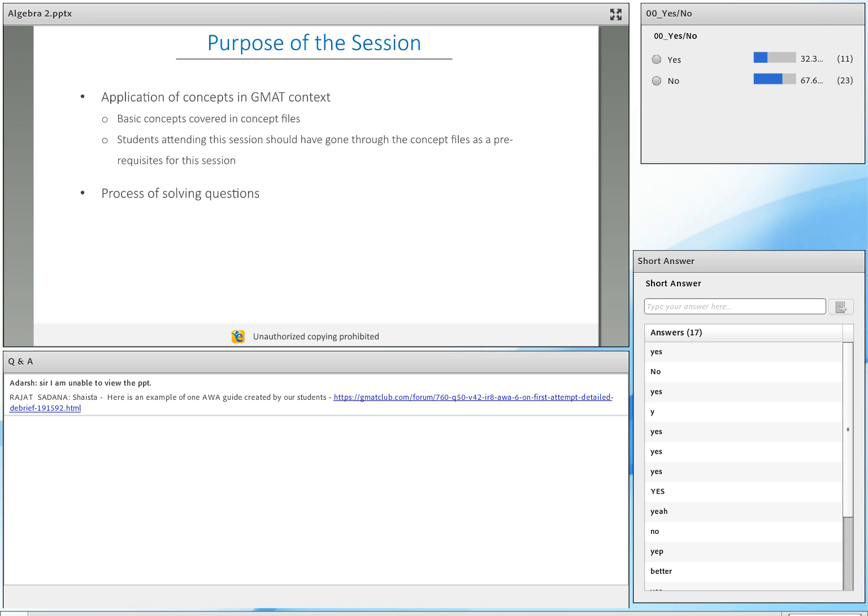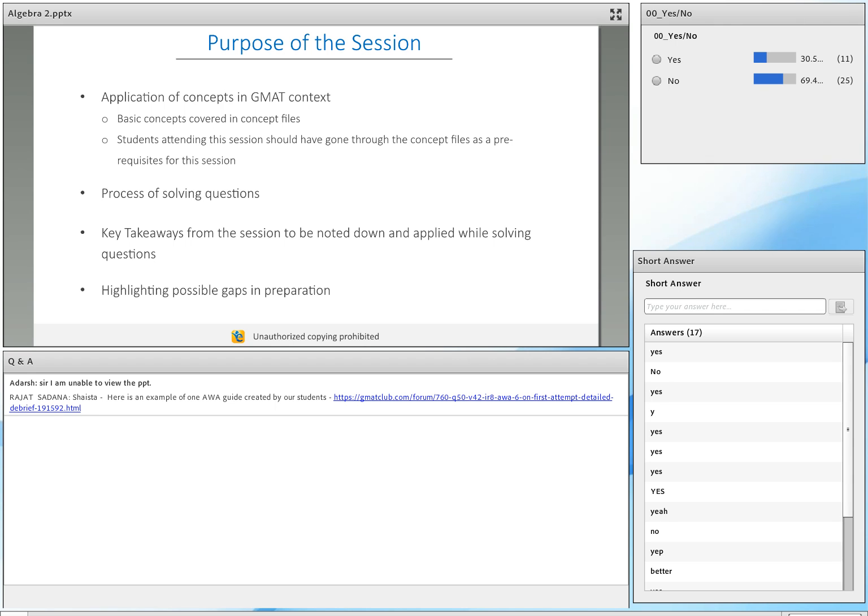So what we're really going to focus on is the process that you should use in order to solve questions. I would want you to make a note of any and all key takeaways that you learn from this session.